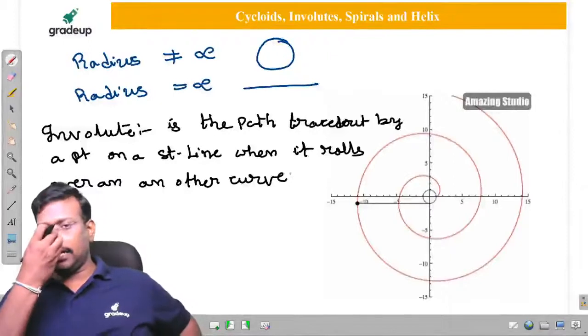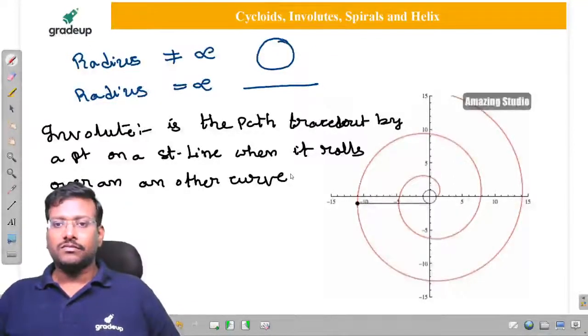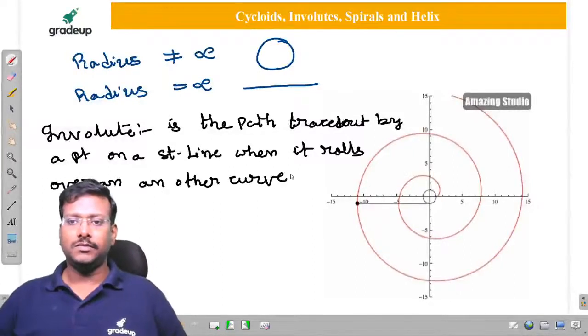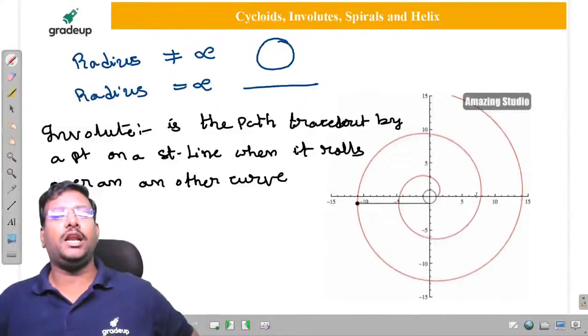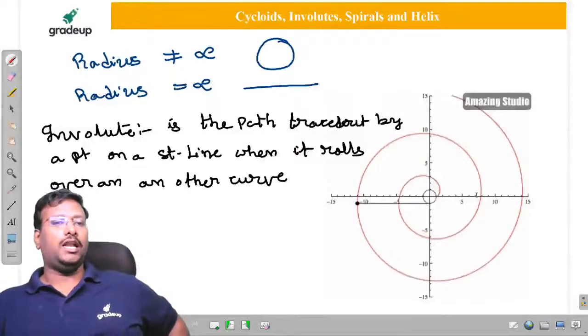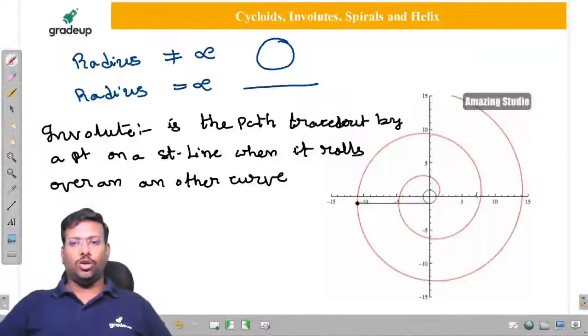Rolls over another curve is called involute. Is it clear? Is it clear, my dear friends? It is the path traced out by a point on a straight line when it rolls over another curve is called an involute.